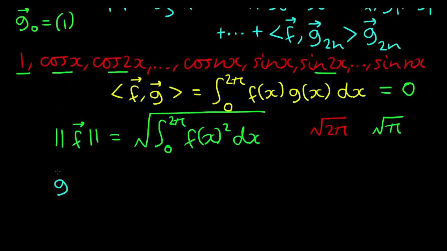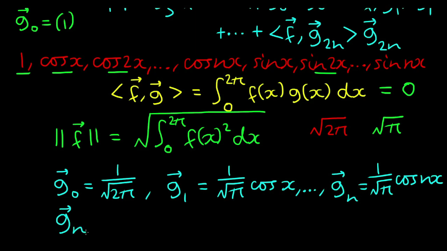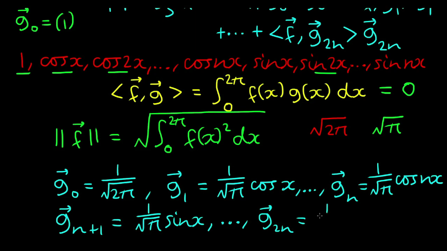So therefore the orthonormal basis vectors we end up with are g0 is 1 on root 2 pi, g1 as cosine x on root pi, and so on up to gn being 1 on root pi, cosine nx, and similarly you'll have gn plus 1 being sine x on root pi, and this continues on and on to g2n, which is 1 on root pi by sine nx.